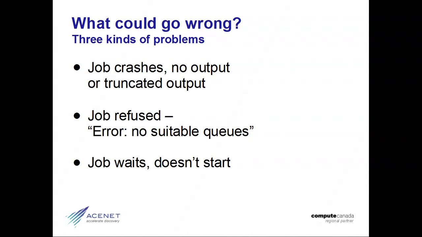It gives you some obscure message like error no suitable queues. The third major class is you submit the job, it goes into qw wait state, and it's not running, and it's still not running, and it's still not running. So the rest of the talk is going to be addressing these three things in that order, and what you can do about them, and when you should call us for help with them.